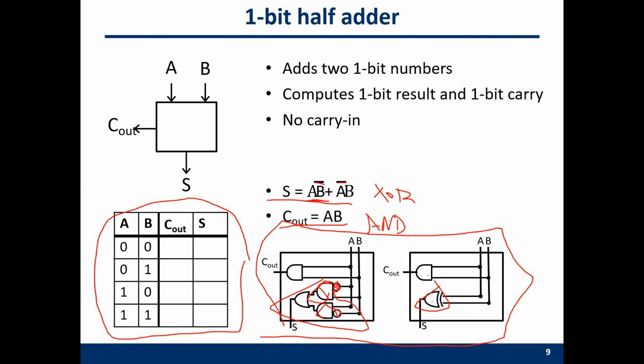And then another OR gate for this OR. And then the AND gate, I'm sorry, the AND gate for this AND. And then an OR gate for this one. So totally, there are 5 gates here, 2 NOT gates, 2 AND gates.